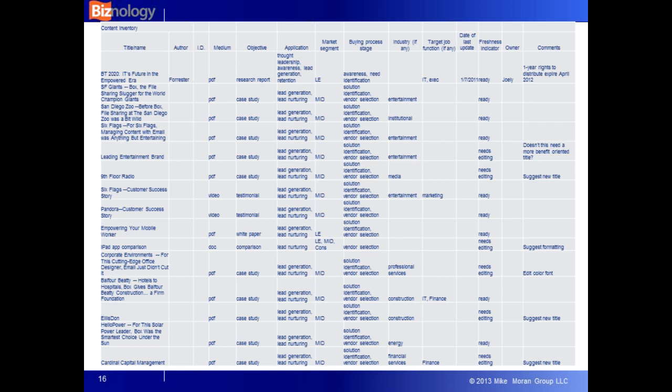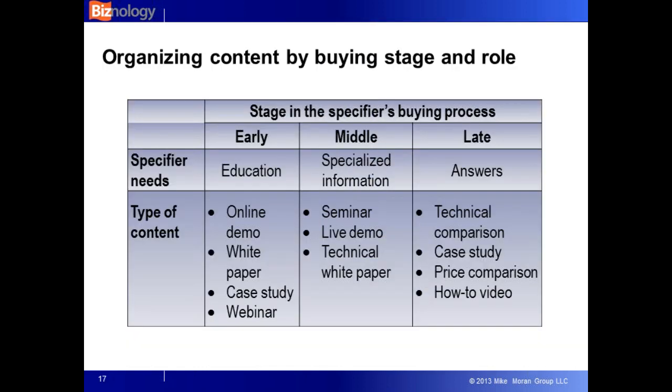But strategically, of course, where I want to go with this as a marketer is by identifying how all of these wonderful content assets, which either I have on hand or I'm going to create fresh, should be applied to the buying process of various customer segments.